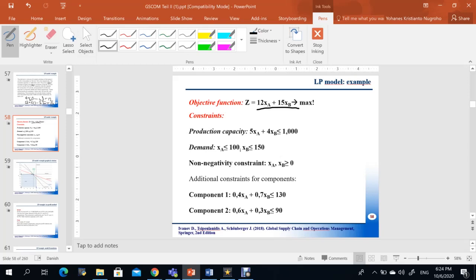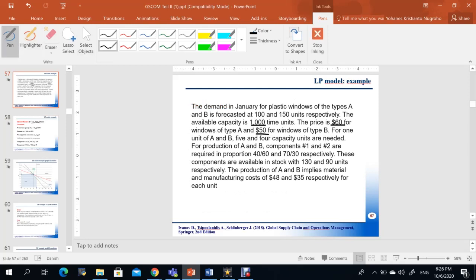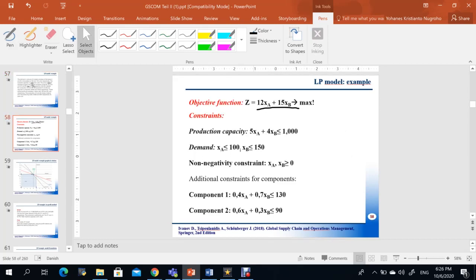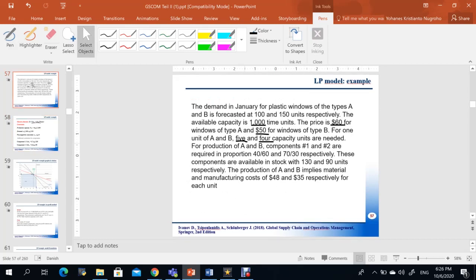For instance, here, the production capacity constraint. For 1 unit of A and B, 5 and 4 capacity units are needed, and therefore for A we need 5 and for B we need 4, right?